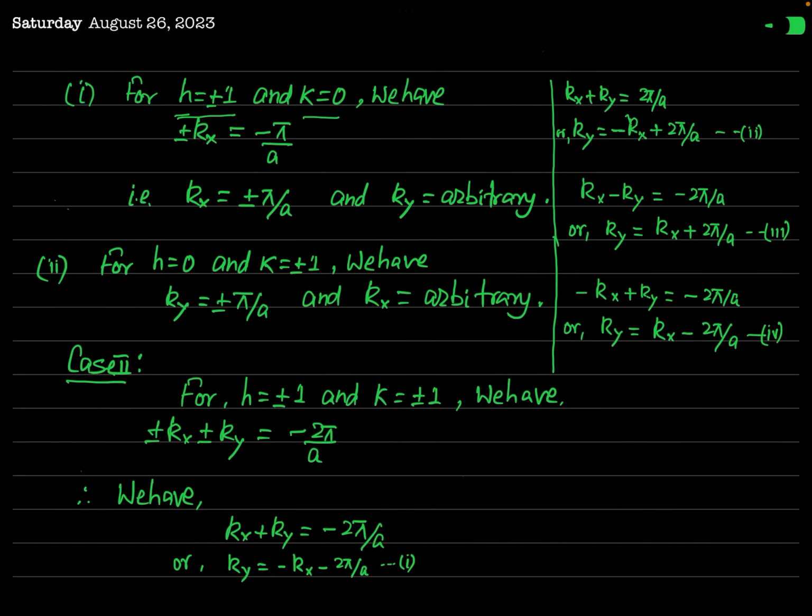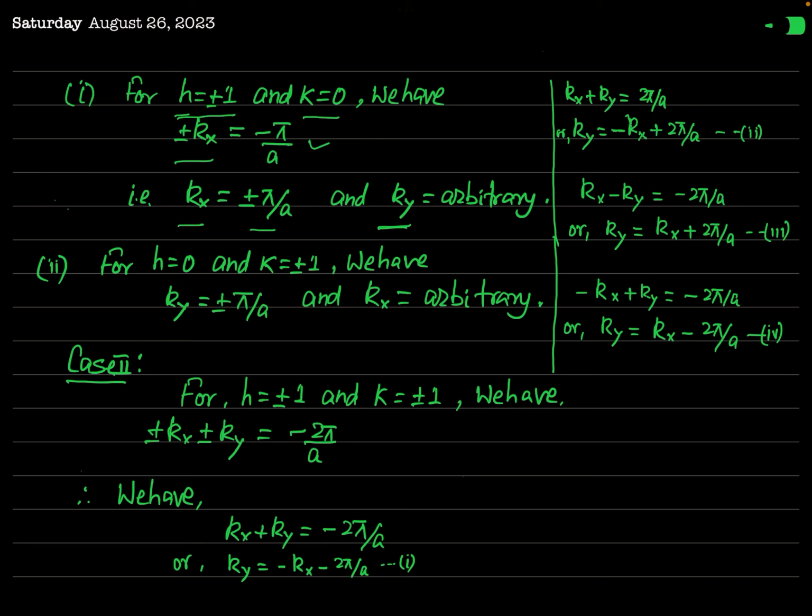So our result in this condition will be plus minus kappa x equal to minus pi over a, or you can write kappa x is equal to plus minus pi over a.